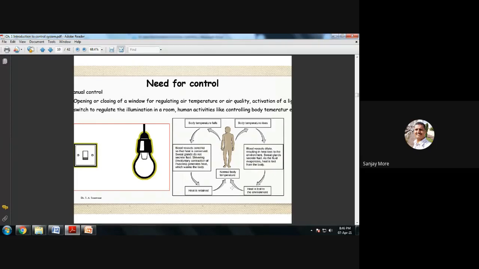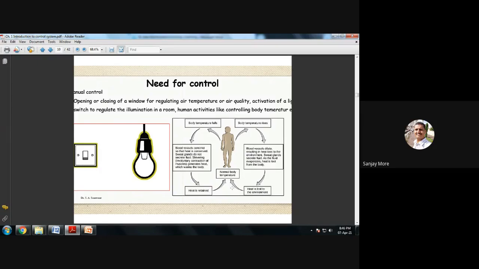Current situation room temperature is about 35 to 40 degrees Celsius. So here normal body temperature is 35 to 40 degrees Celsius. Exact is 37 degrees Celsius, I think.